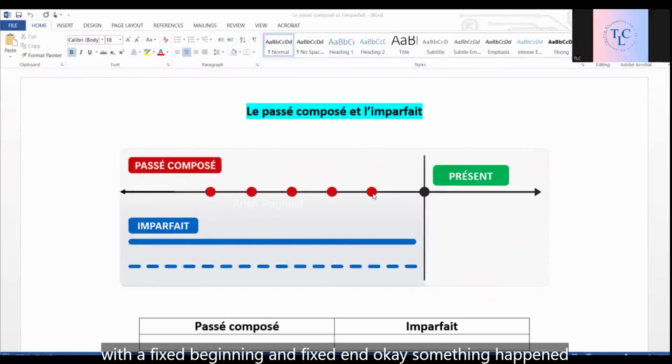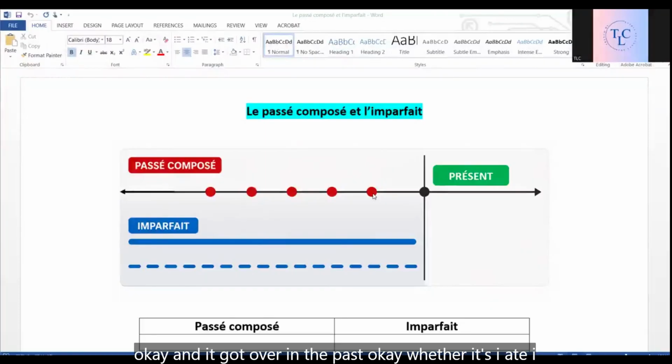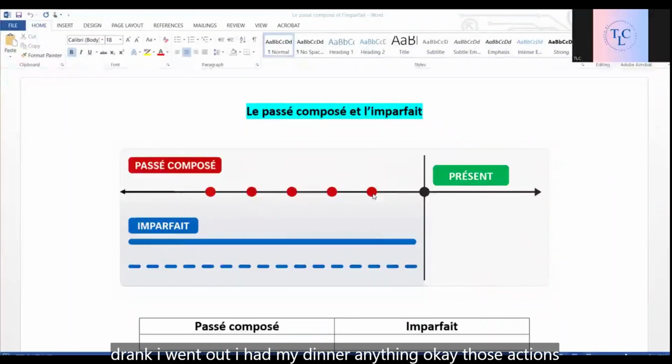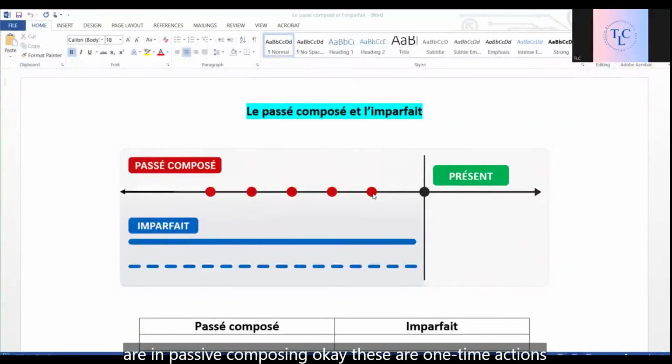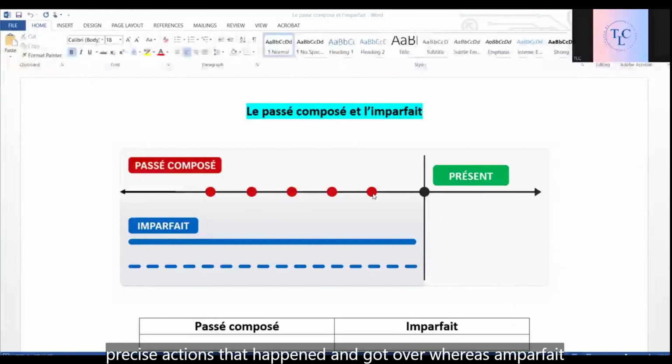Something happened, and it got over in the past, whether it's I ate, I drank, I went out, I had my dinner, anything. Those actions are in passé composé. These are one time actions, precise actions that happened and got over.